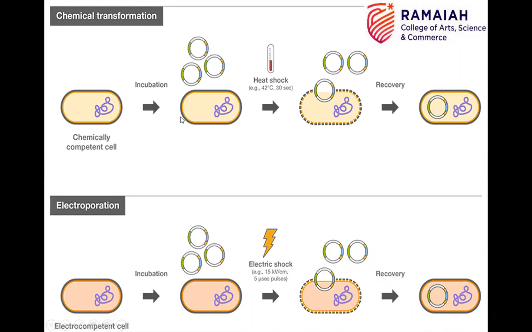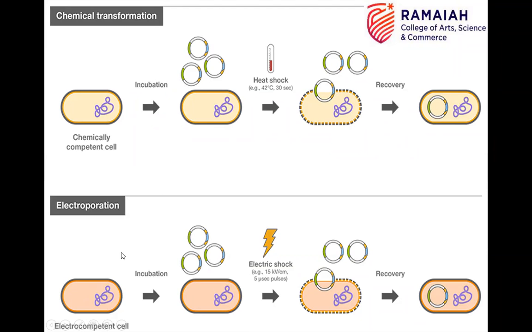When you incubate such cells along with the recombinant DNA molecule, here a plasmid in which your DNA of interest is inserted, and then subject the cells to heat shock at 42 degrees centigrade for about 30 seconds, what will happen? Because of the permeability in the cell membrane, the DNA from the external environment will be pushed inside the cell. So the cell becomes transformed. This is chemical transformation.